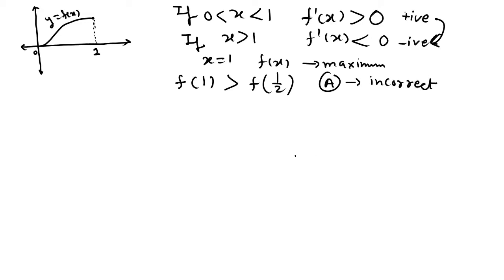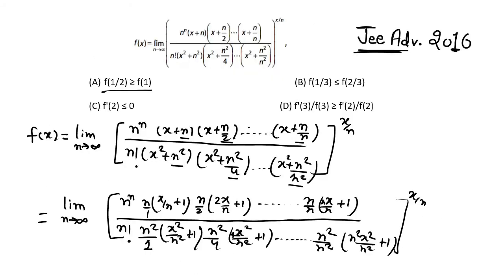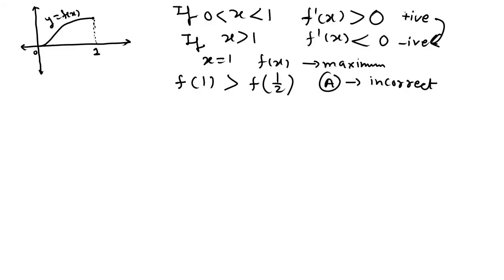Option A is incorrect. Now we'll check option B. It is given that f(1/3) is less than or equal to f(2/3).